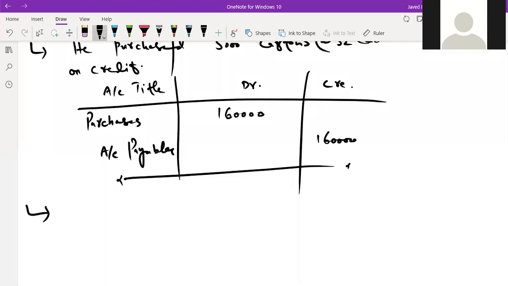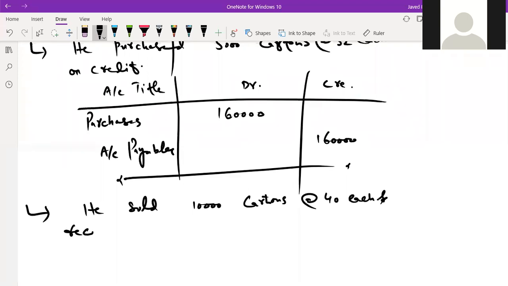Okay, we're moving on to the next transaction. For example, we sold 10,000 cartons at, let's say, 40 each, and 70% in cash.